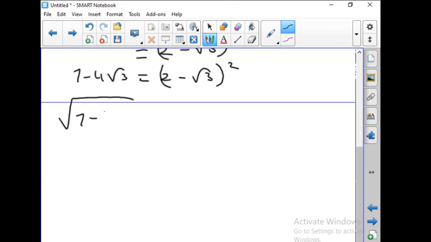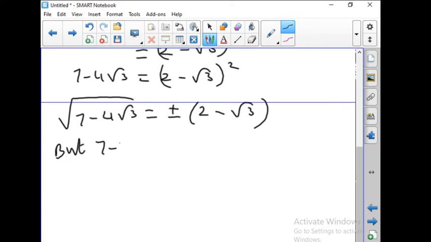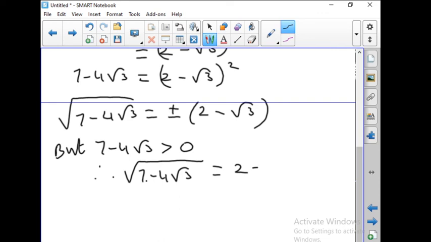Therefore, square root of 7 minus 4 root 3 is equal to, actually we get plus or minus 2 minus root 3. But here 7 minus 4 root 3 should be greater than 0. Okay, it should be greater than 0. Therefore, root of 7 minus 4 root 3 is equal to only 2 minus root 3.